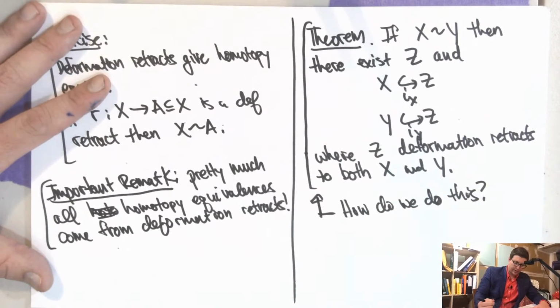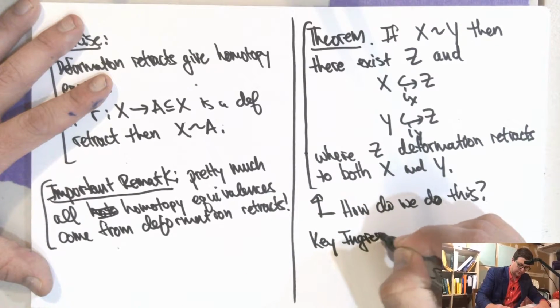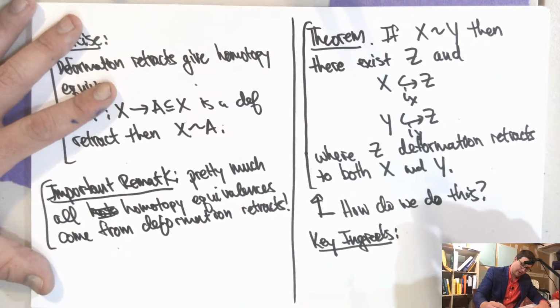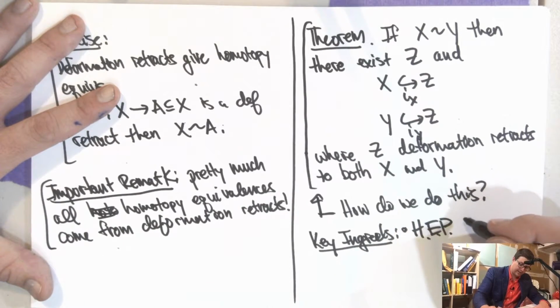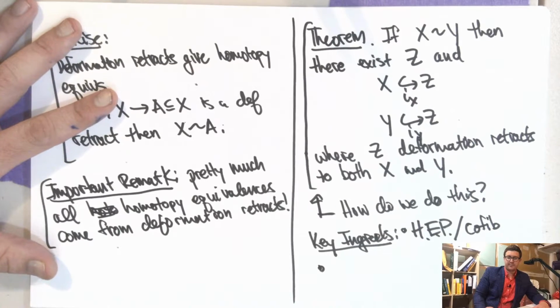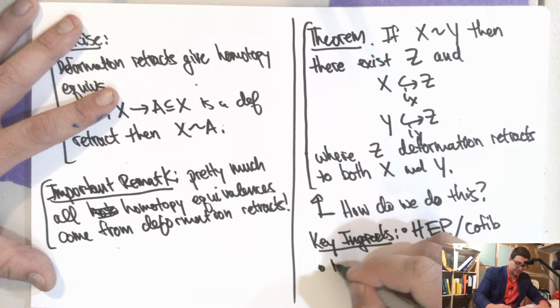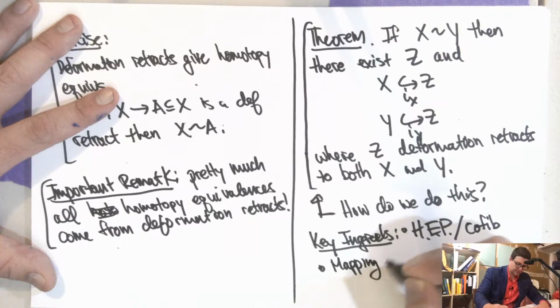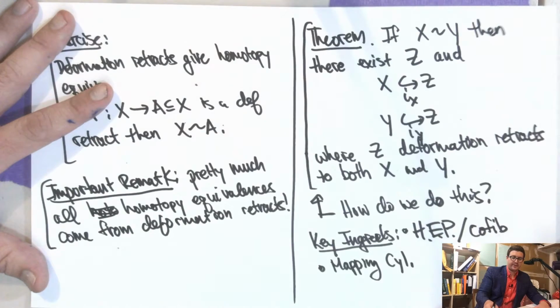The key ingredients here are this thing called the homotopy extension property, these other things called co-fibrations, and then the other thing is the mapping cylinder. Let me say a little bit about this.